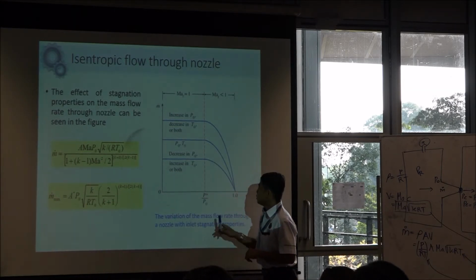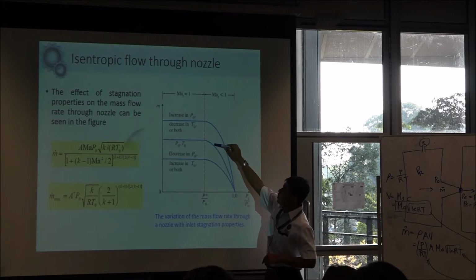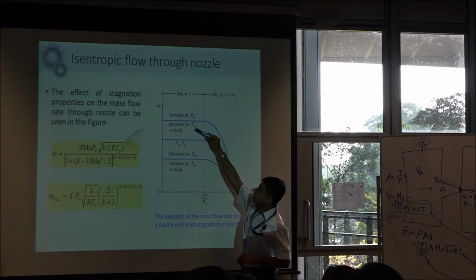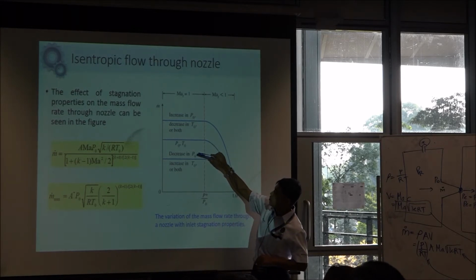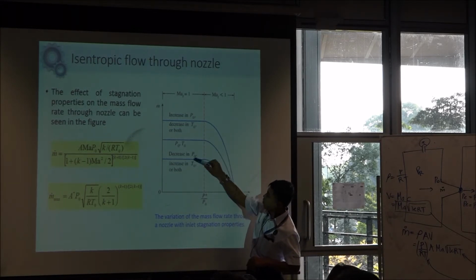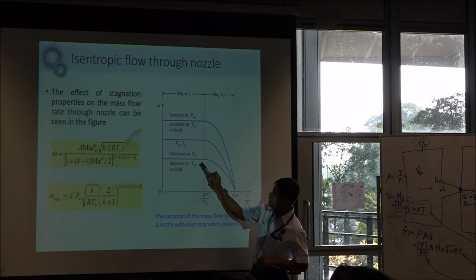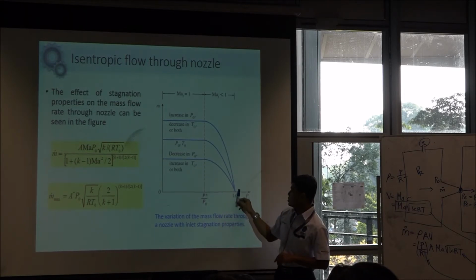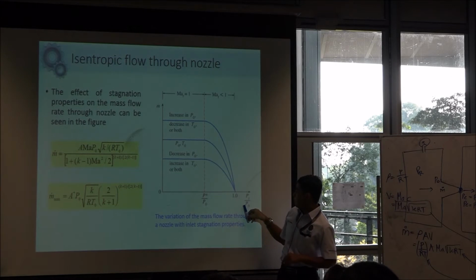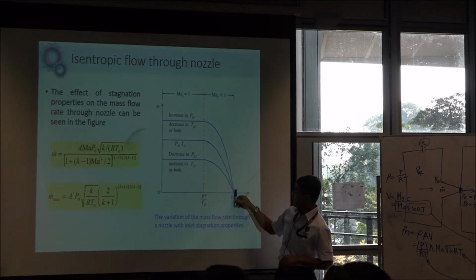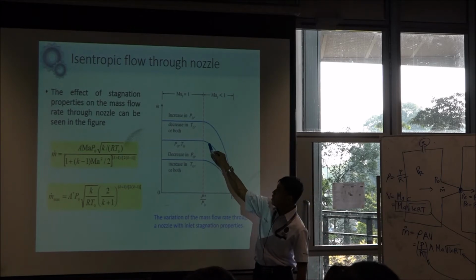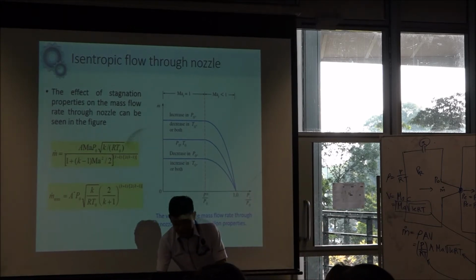So if you want to increase the mass flow rate, you increase P0, and if you want to make it lower, you decrease P0. And if you see here, when P exit is equal to the inlet, there will be no flow. As you reduce it further, it will increase until you reach the maximum condition.